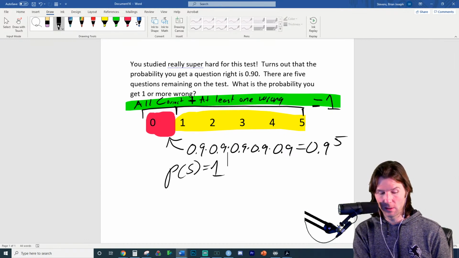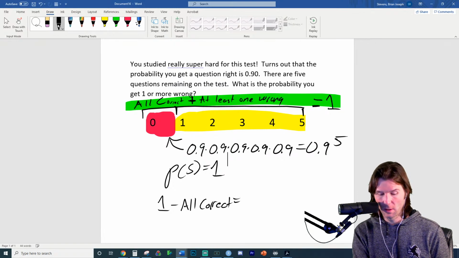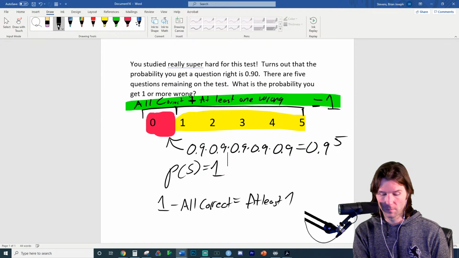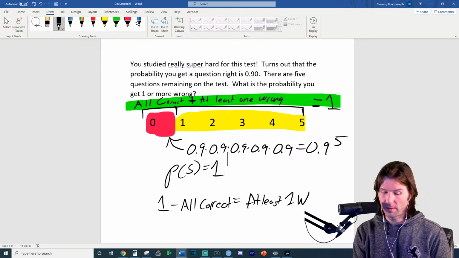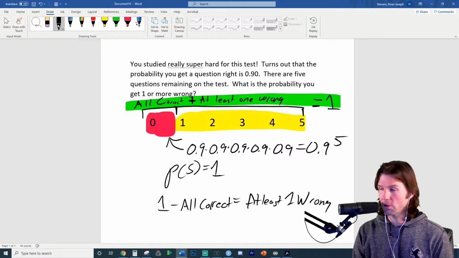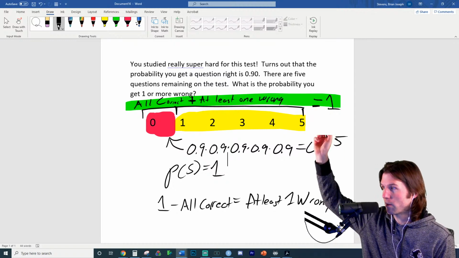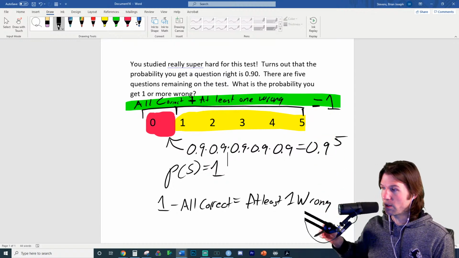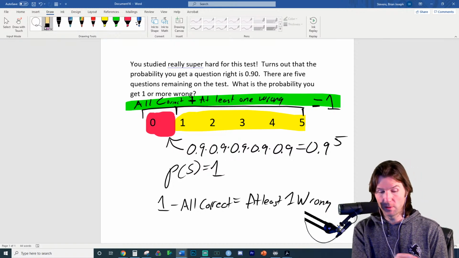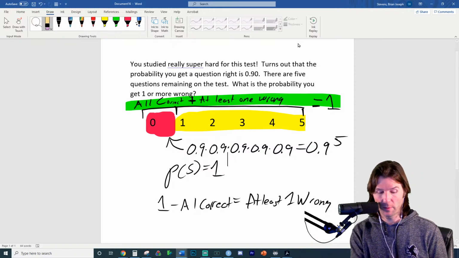We're going to write it as 1 minus all correct equals at least one wrong. At least one W. So I'm sorry. So we can rewrite that mathematical equation and solve it for at least one wrong. And then all we have to do is solve for what's the probability of all correct.